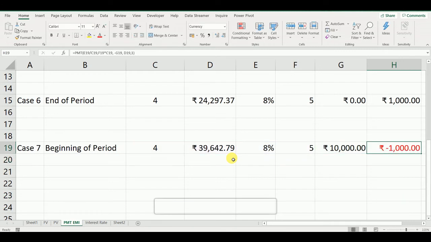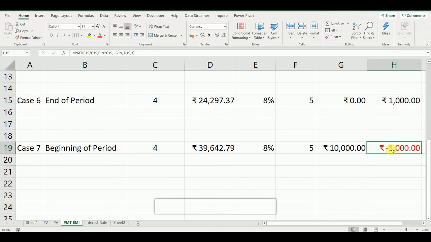So we have to invest 1,000 per quarter to get 39,642.79. Now you will be surprised why it is coming to minus, because here we are saying that 39,642 we want to get after 5 years, and 10,000 if we invest today.